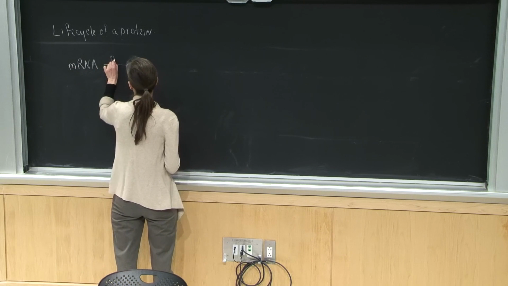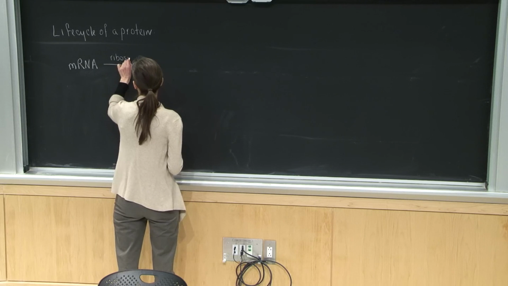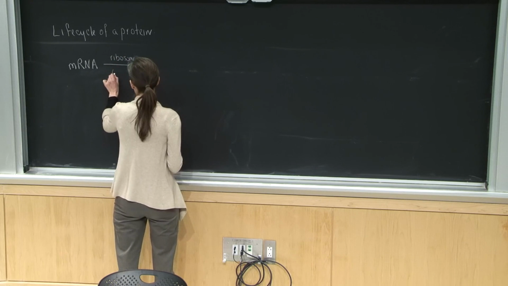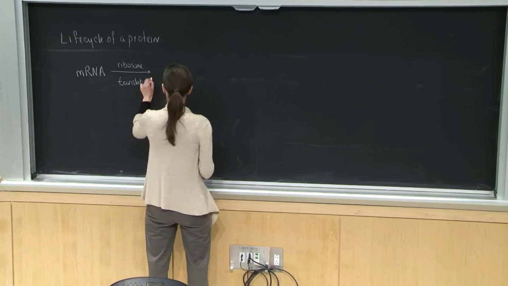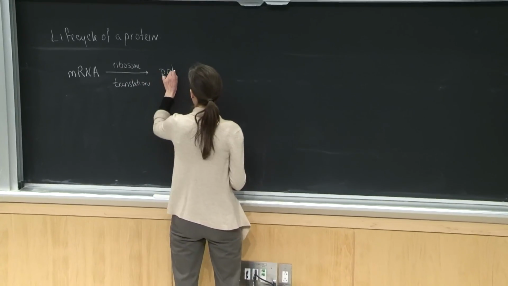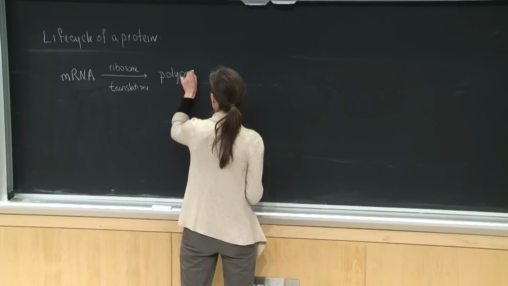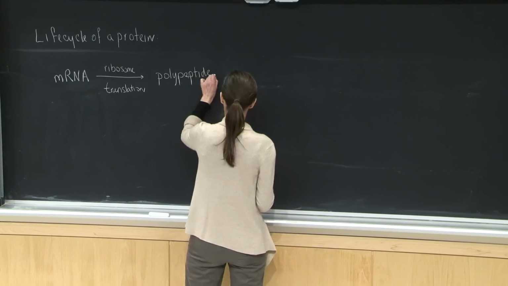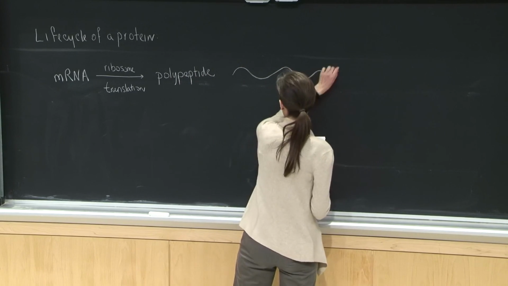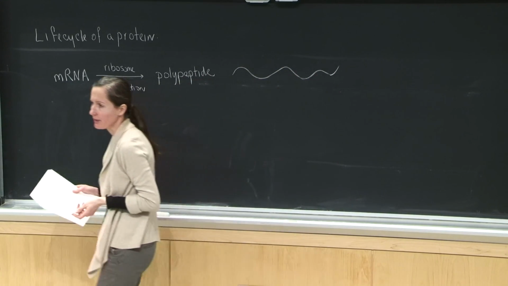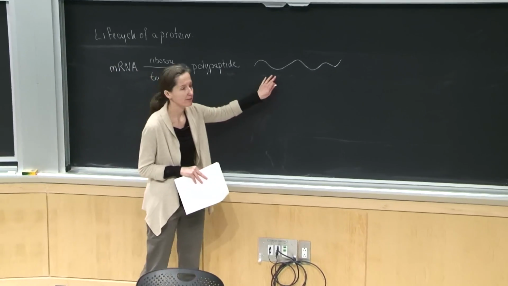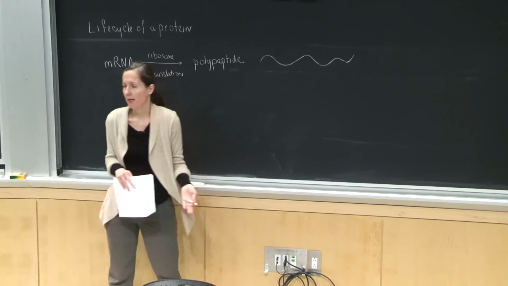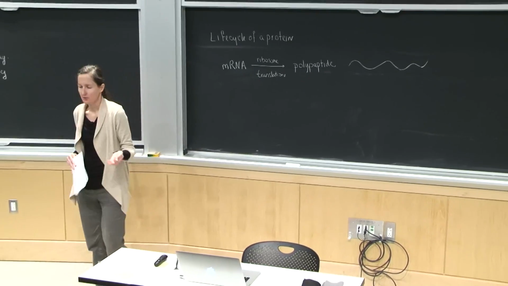And then we have the macromolecular machine, the ribosome, that allows for translation of this message to give us a polypeptide chain. So some linear sequence of amino acids. And then what happens? We need to get from a polypeptide chain to some functional unit.